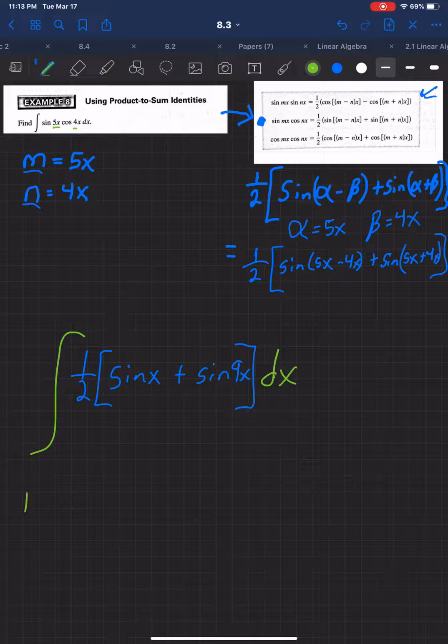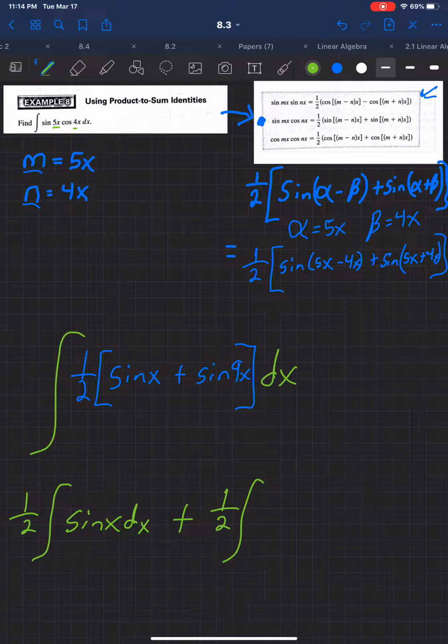I'll bring that half out front. Now we can just think about that as integrating sine of x with respect to x plus integrating sine of 9x with respect to x. And that is easy.